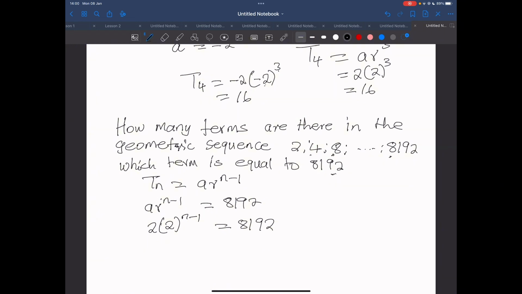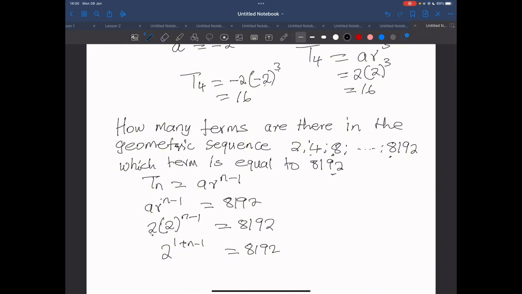Right, so to deal with this, we must understand our exponents properly. There are two ways in which we can move from here. We can divide both sides by 2 first. Or, because the bases are the same, we can have 2 to the power 1 plus n minus 1, which is 8192.